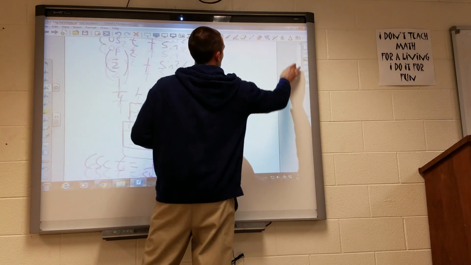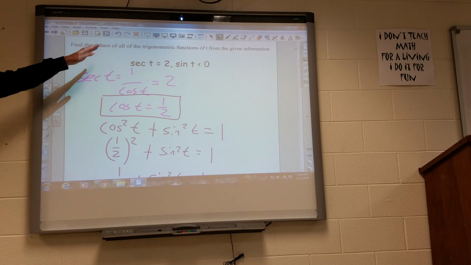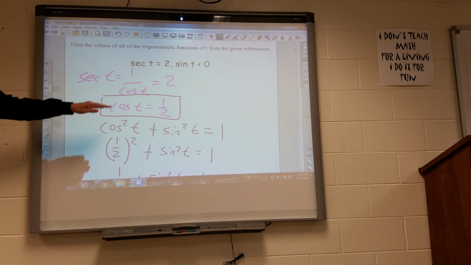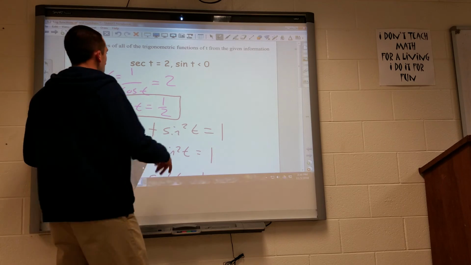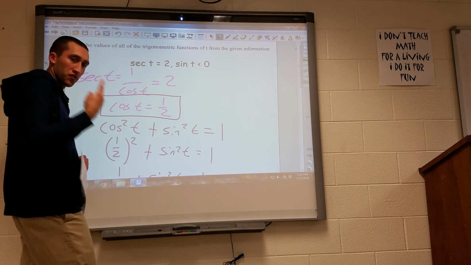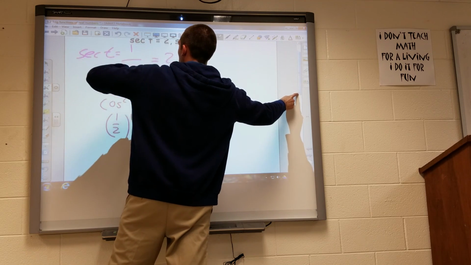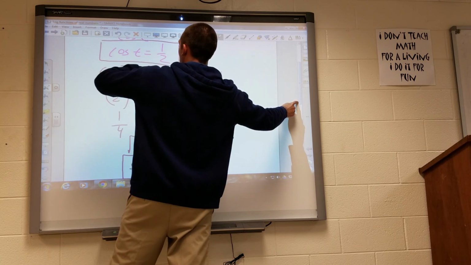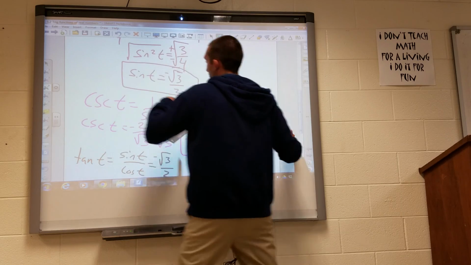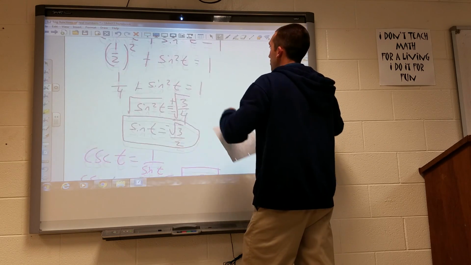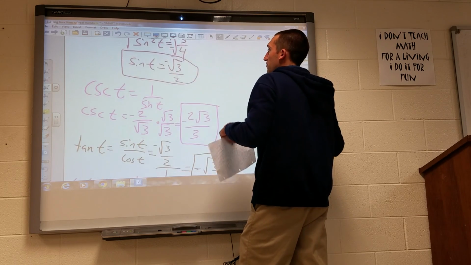So, when the question asks to find the values of all the trigonometric functions, well, I found the cosine from the secant that was given, so there are 6 in all. I found the secant to be 2, they gave me, cosine to be 1/2, I found sine to be negative radical 3 over 2, because the directions told us sine was negative.